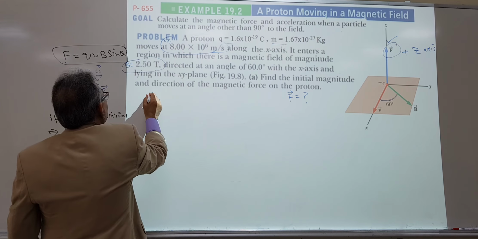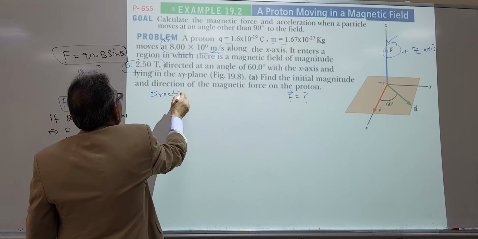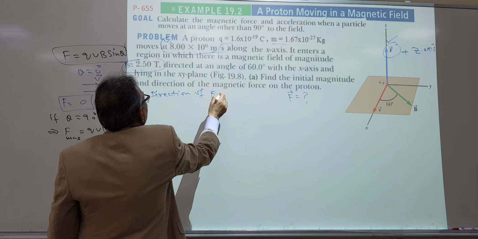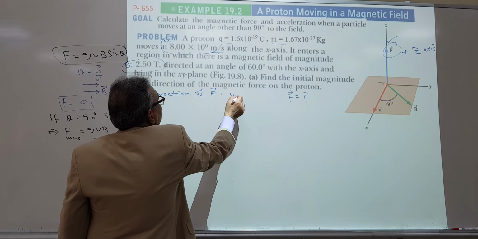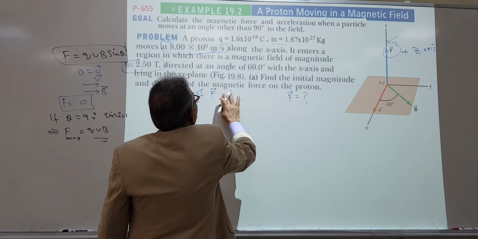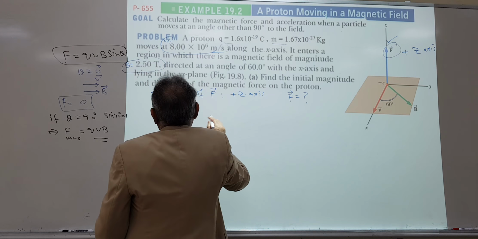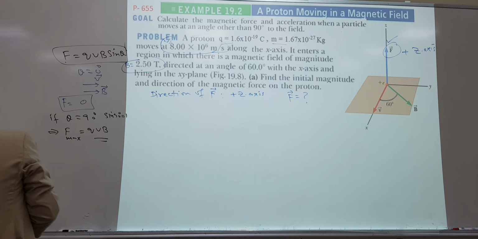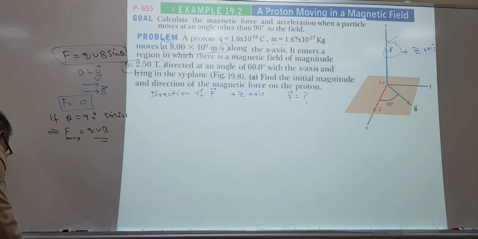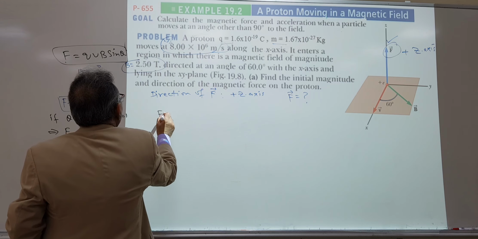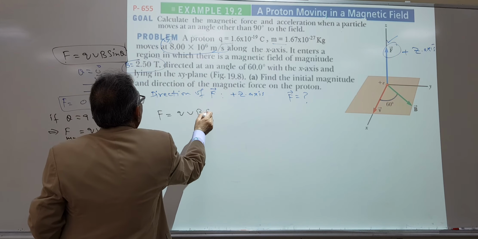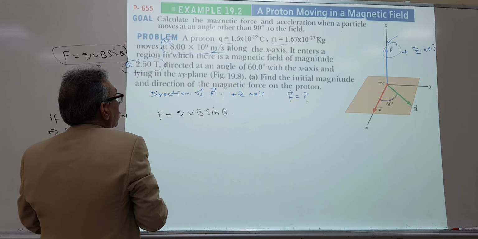So the direction of force is along the positive z-axis. Done. Now for the magnitude of the force, we have QVB sine theta.